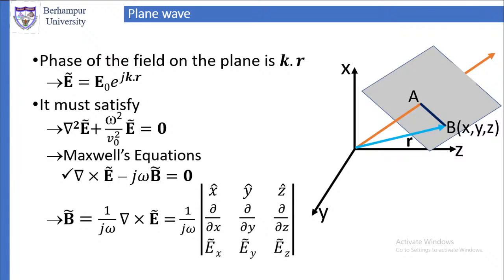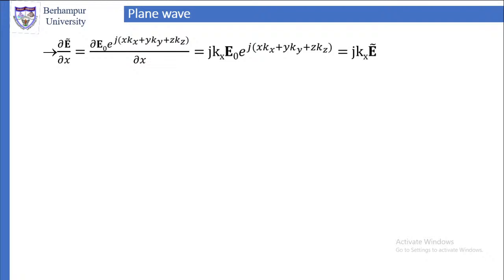Now we have to find out what dou by dou x, dou by dou y, and dou by dou z are. Let us start with dou by dou x. If it operates on E tilde, that will give us dou E tilde by dou x equal to dou by dou x of E0 exponential j k dot r, as I have just told.